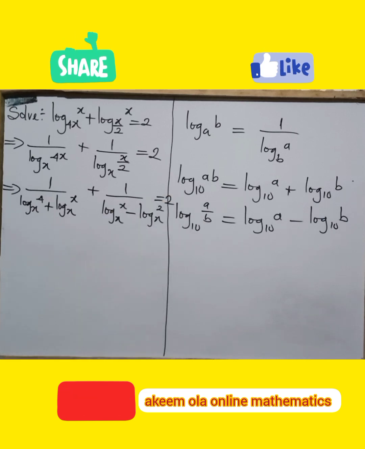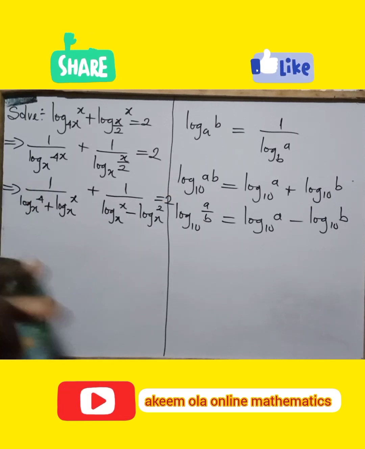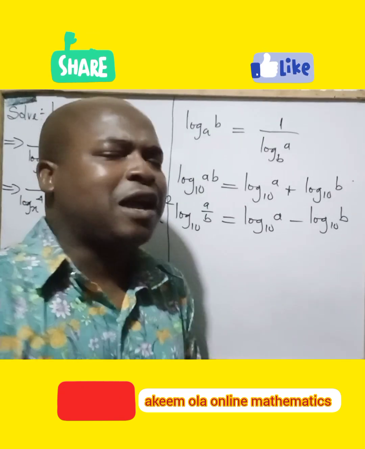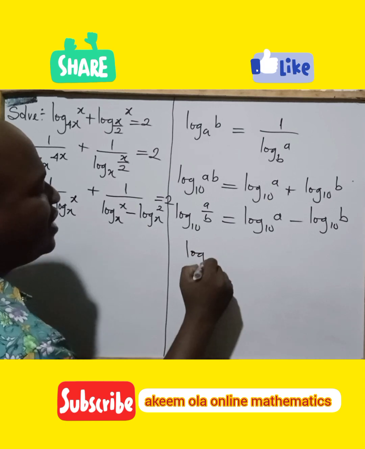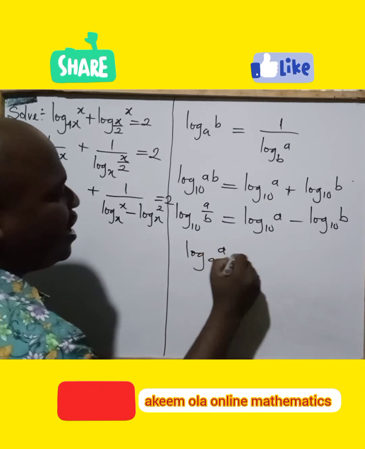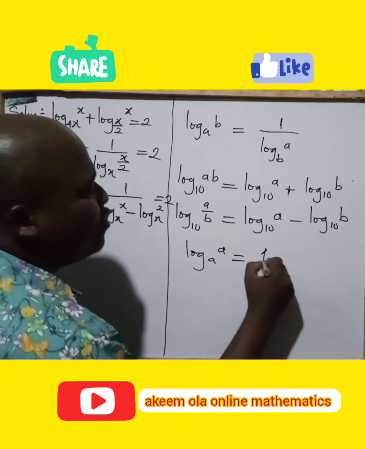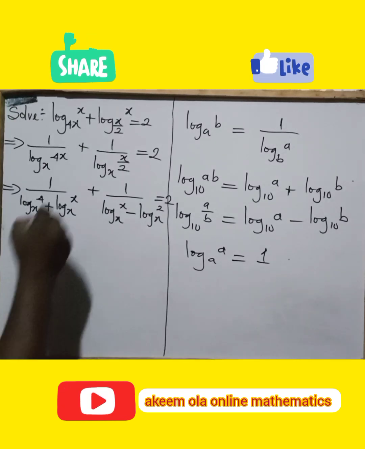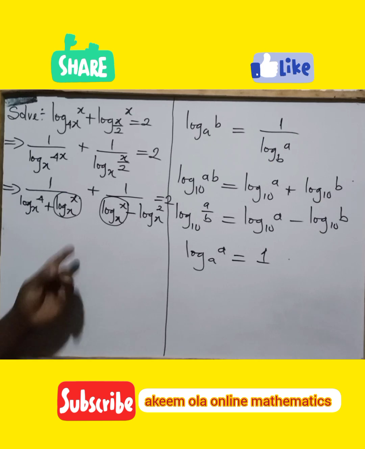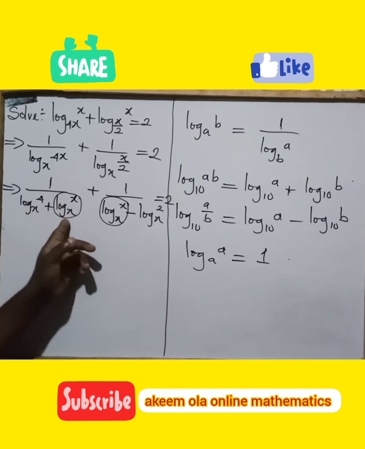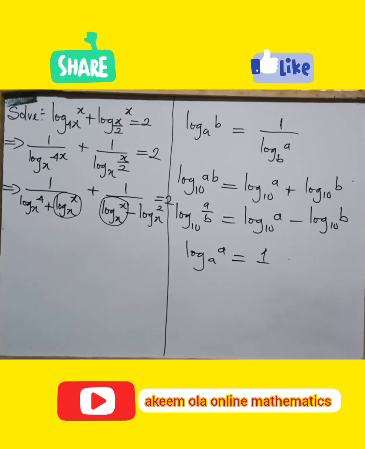Everything is equal to 2. Now don't also forget another law of log that states that when the base and power are the same, you have A base A, then everything will be equal to 1. So we are going to apply this here and also here, because here we have log x base x, this one will be equal to 1, while this one too will also be equal to 1.